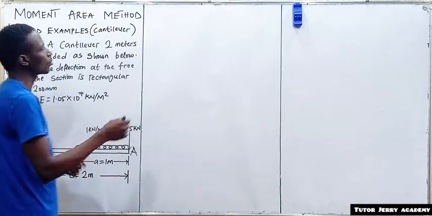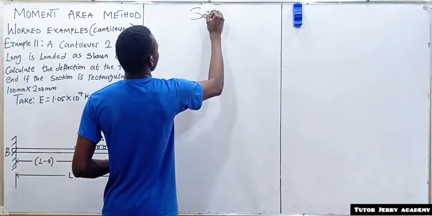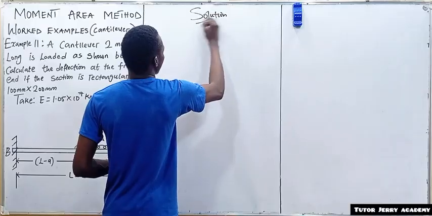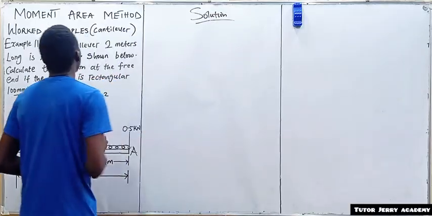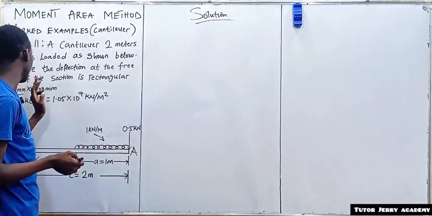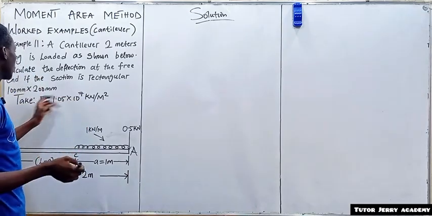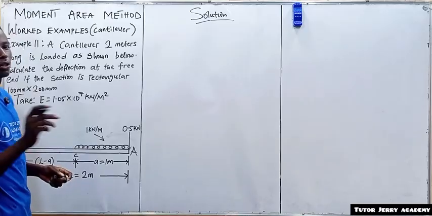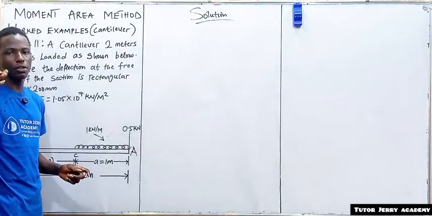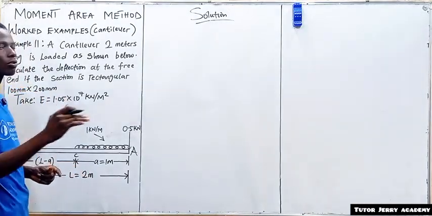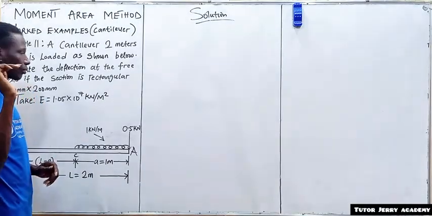So let's solve this question. We have a cantilever beam. We are told that the section is rectangular, and we know that the formula for moment of inertia for a rectangular section is I equal to BD cube all over 12.